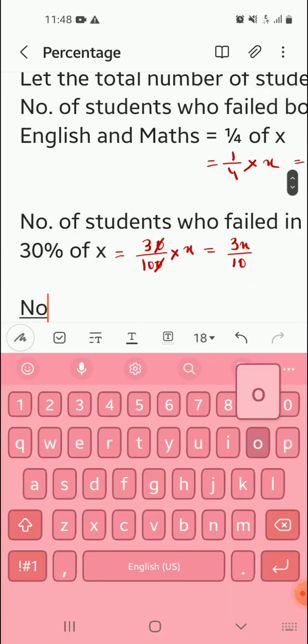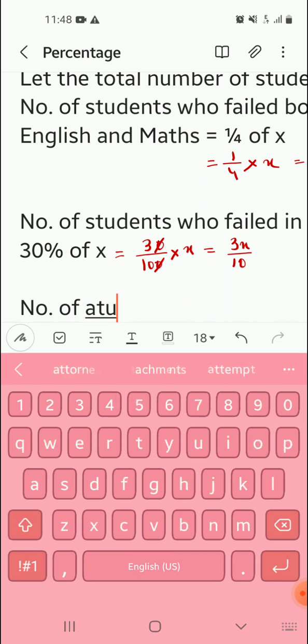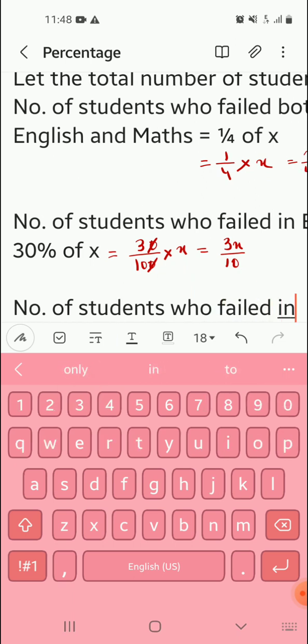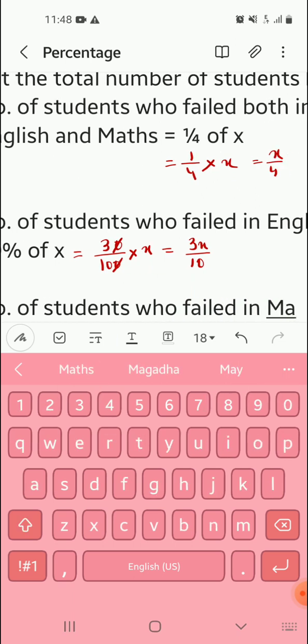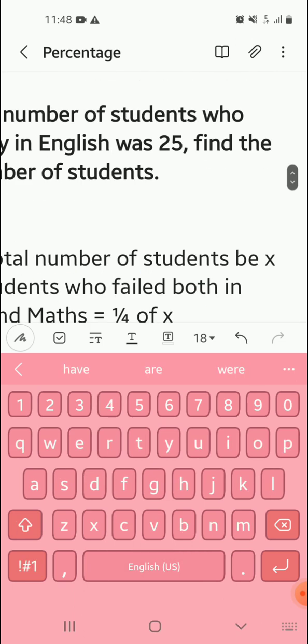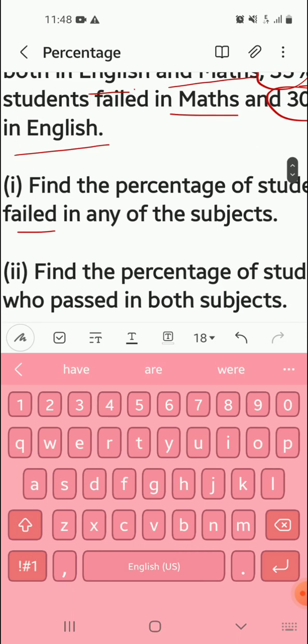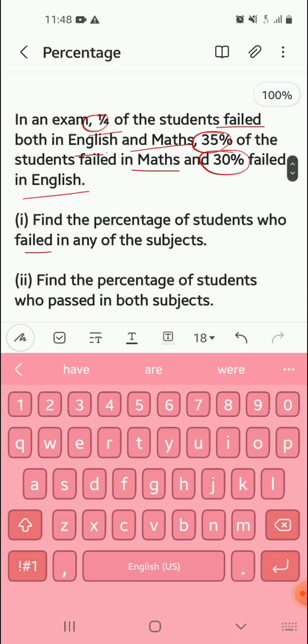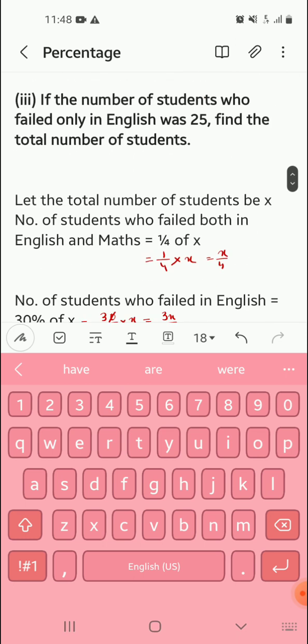Next, the number of students who failed in maths is equal to, see, it's given in the question, in maths, the percentage of students who failed is 35%.